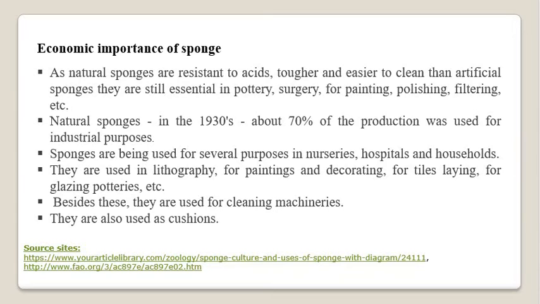They are much tougher and easier to clean than the artificial sponges. Because of these properties, they are used in painting, in polishing, in filtering, in a number of such works, right? Now, natural sponges in the 1930s were collected in huge quantity.